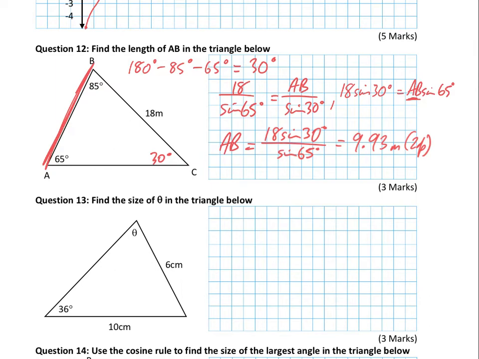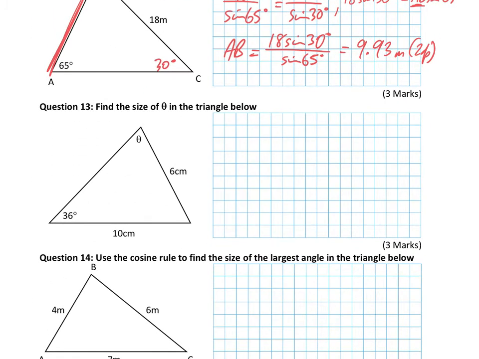Okay. Find the size of theta in the triangle below. What do we have here? Opposite. This is going to be a sine rule question. So 6 is opposite the 36 degrees. So 6 over sine 36 is equal to 10 over sine of the unknown angle, theta. Cross multiply. 6 sine theta is equal to 10 sine 36 degrees.